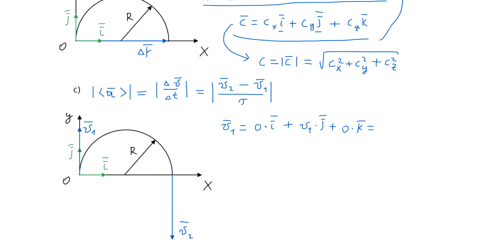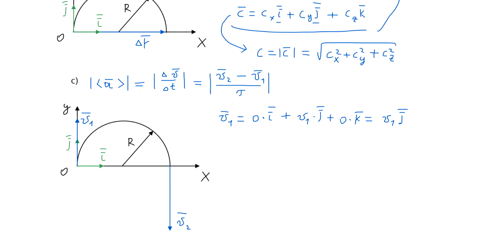And it will be v1 multiplied by j. Do you have any questions about this? I think it's okay.